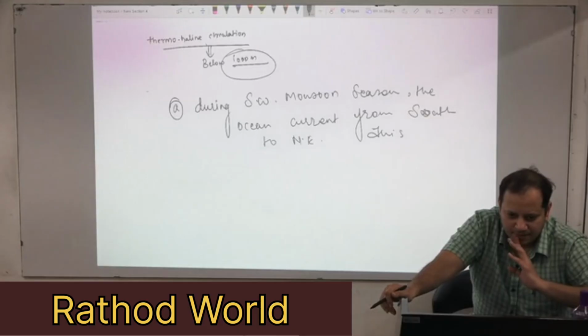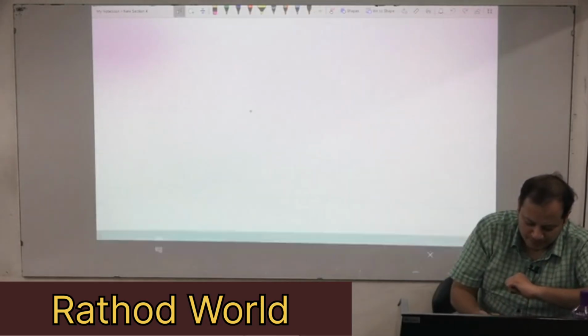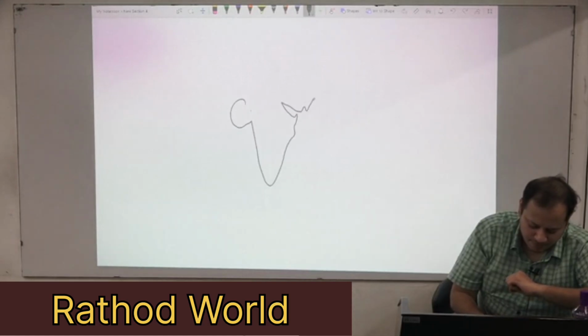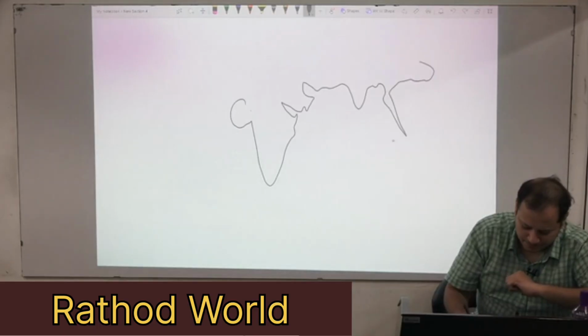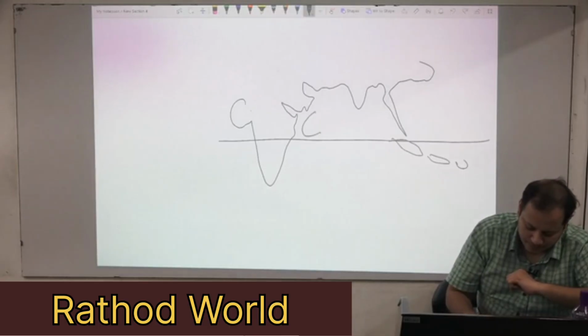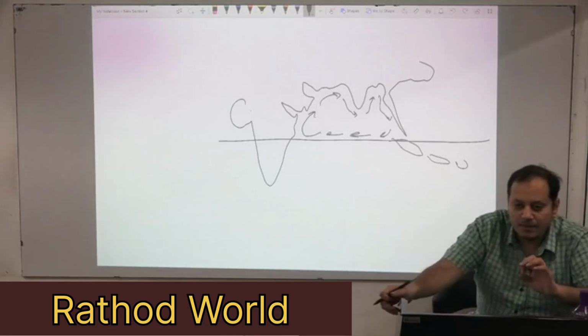The diagram which we have drawn yesterday should come here, in which we show this one, southwest monsoon current, Arabian Sea branch, Bay of Bengal branch, and then like this. There is no counter equatorial current. Getting it? Next point.